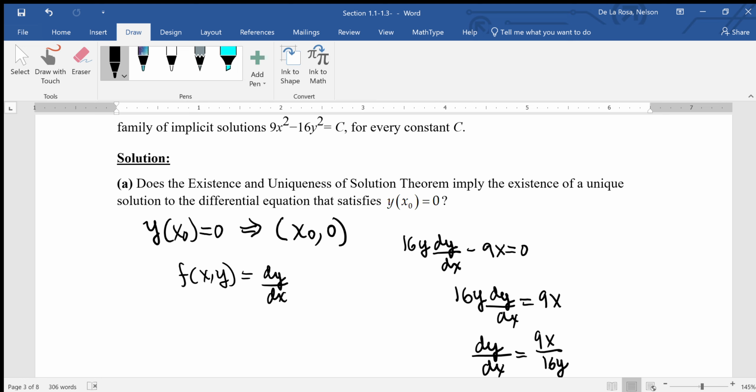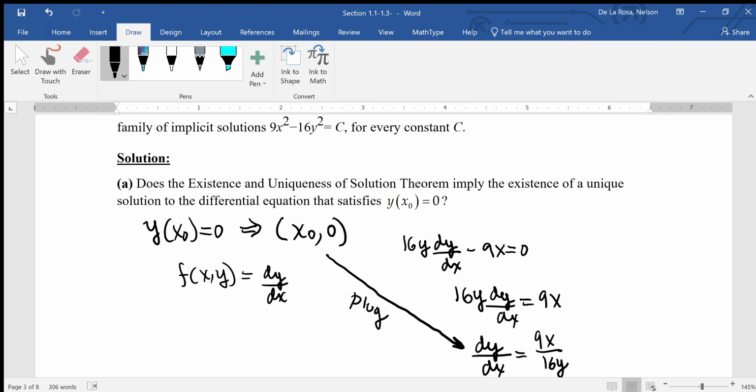Now, if we plug this point here, are we going to have any issue? Are we going to have any trouble? Yes, we're going to. Because if you replace x sub 0 comma 0, then in the denominator we're going to have a 0. Now, we cannot have an undefined expression, right?